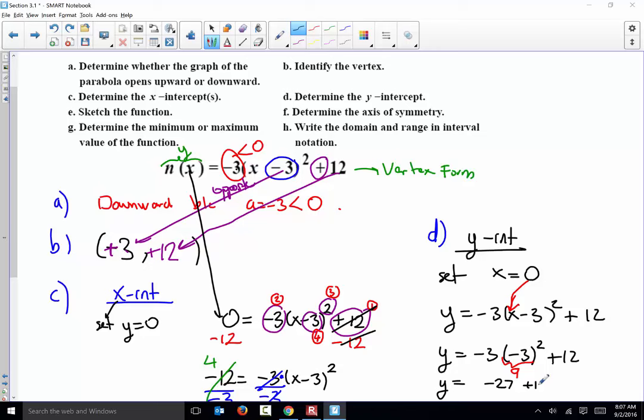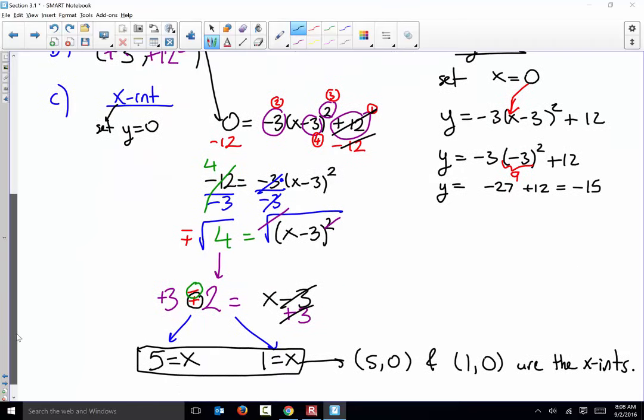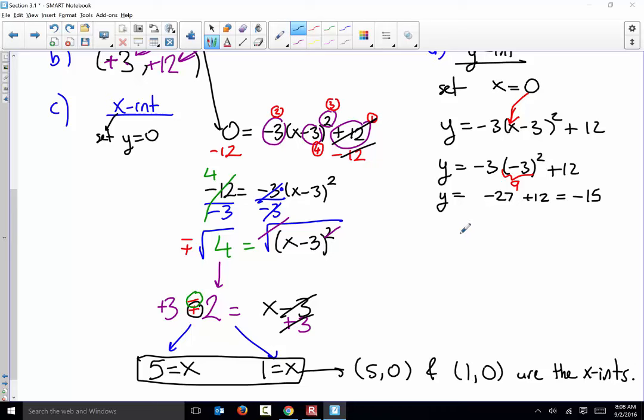And we have a 12 on the end. And it makes minus 15. Good. So y-intercept is negative 15 comma 0. Agree? No, it's the other way. 0 comma negative 15. Great.